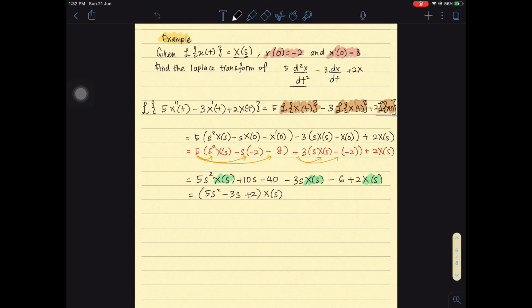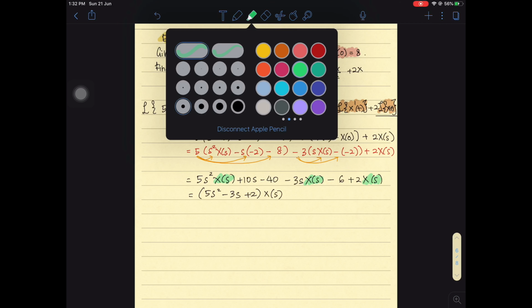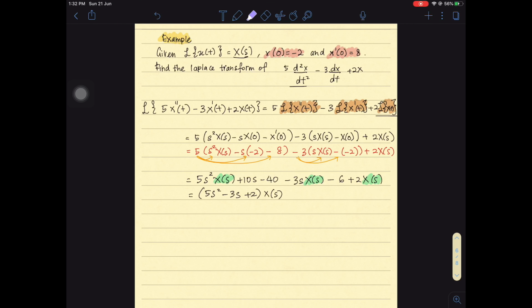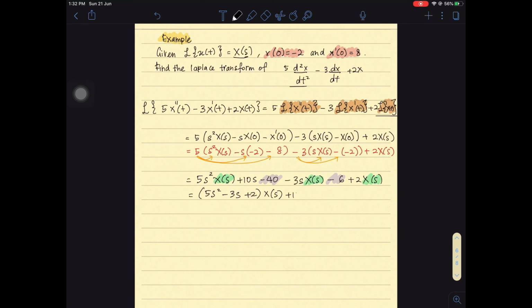Then we have negative 40 that can be simplified with negative 6, giving you negative 46. Therefore the rest of the equation can be written as plus 10s minus 46. So this is the Laplace transformation of the function that has been asked here.